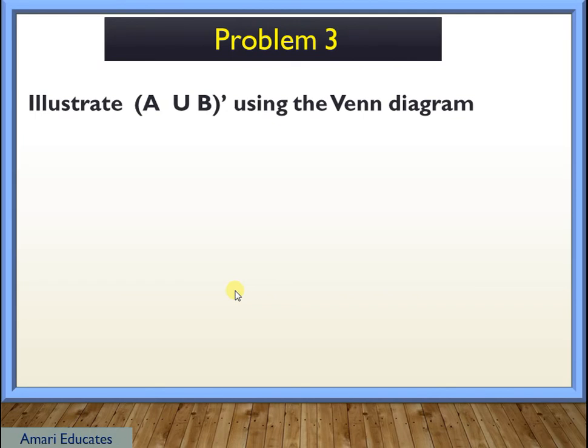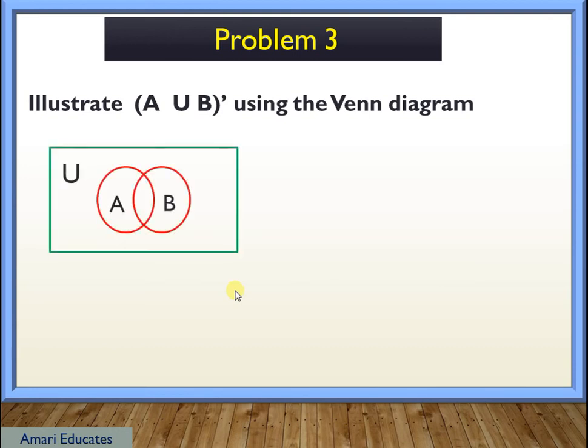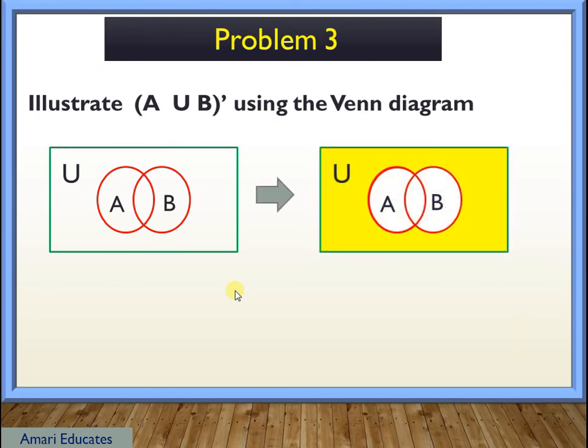Next, illustrate the prime of the union of A and B using the Venn diagram. Okay. Time is up, and the answer is like that.